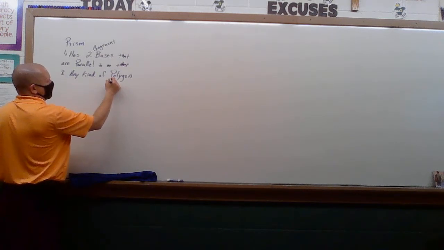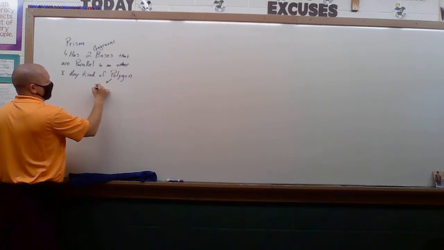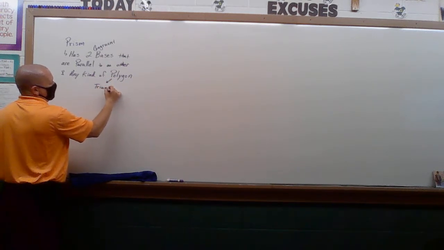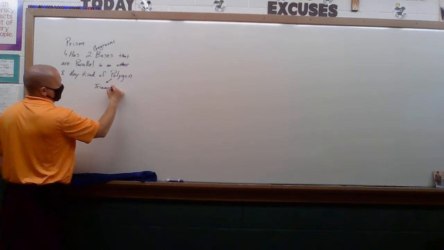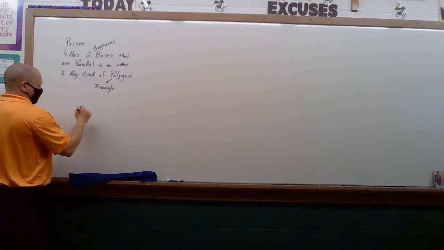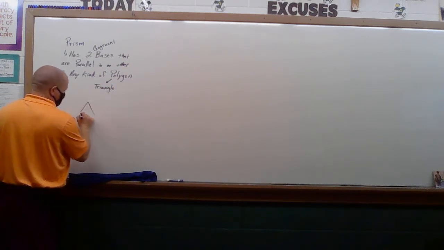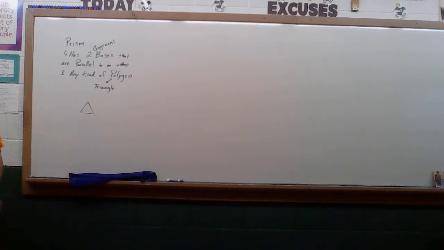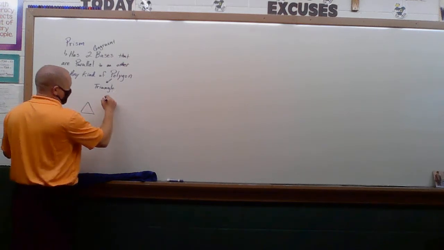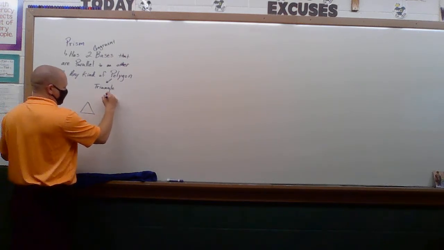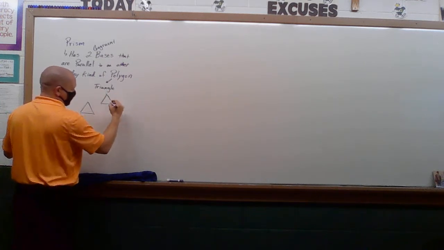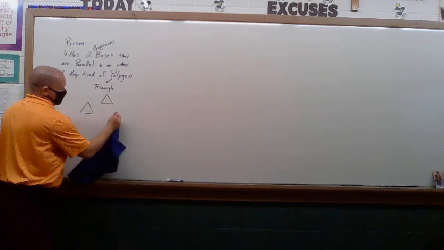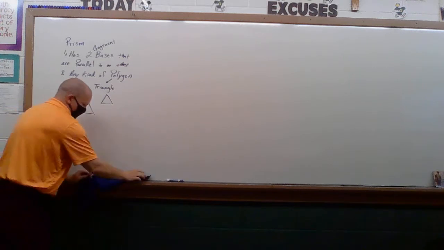So if we have a triangle, then we have a triangular prism, right? Now, the difficulty a lot of the times is trying to draw these things. So the key is to draw a triangle here, and then draw a triangle that resembles it, because they should be the exact same.